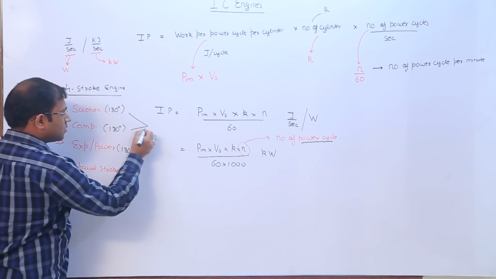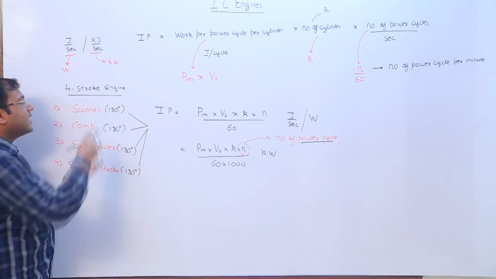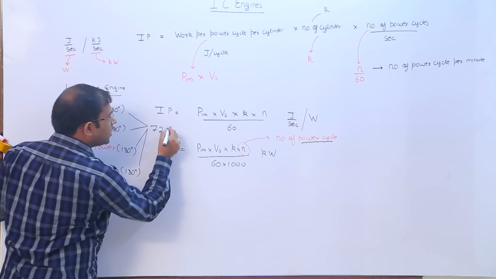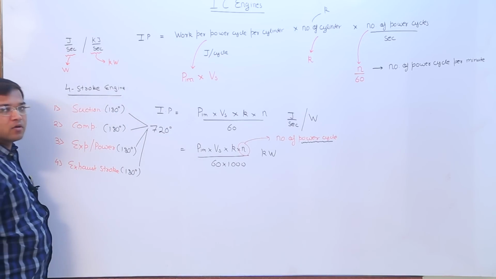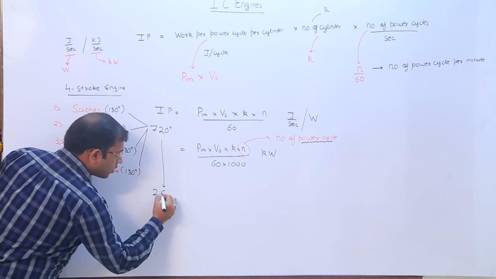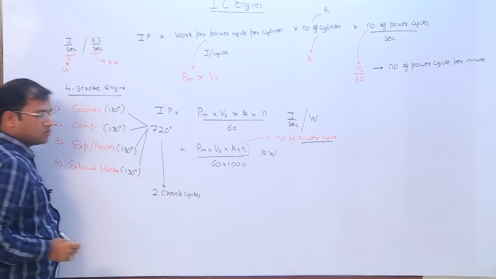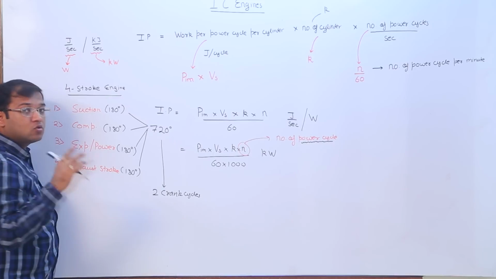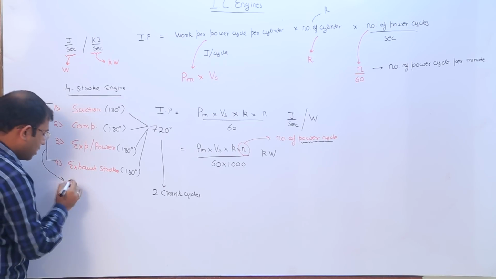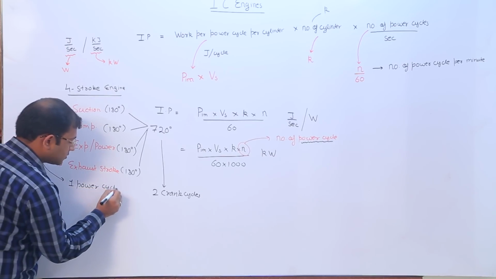That means one cycle, one power cycle of the 4-stroke engine constitutes of 720 degree of crank rotation. That means 2 crank cycles. 720 degree means 2 crank cycles, and this together is known as your 1 power cycle.